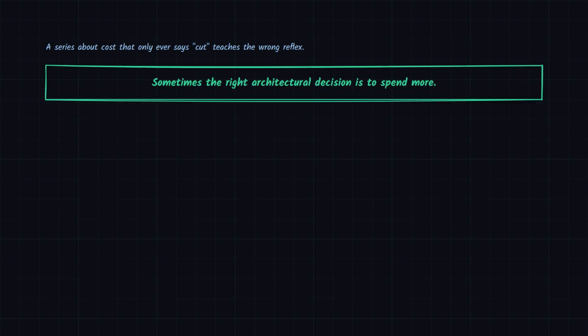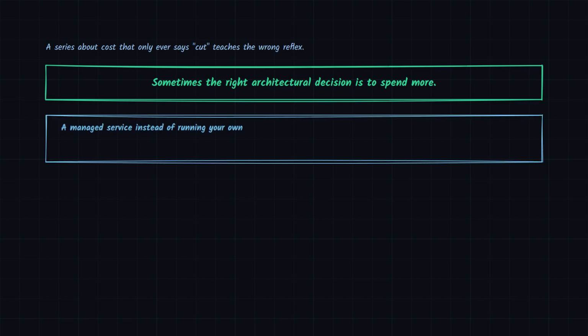And I want to end the practical part on the least expected note, because a series about cost that only ever says cut will have taught you the wrong reflex. Sometimes the right architectural decision is to spend more. Paying for a managed service instead of running your own can be cheaper once the salaries of the people maintaining it are counted, and those salaries are the cost that never appears on the cloud bill.